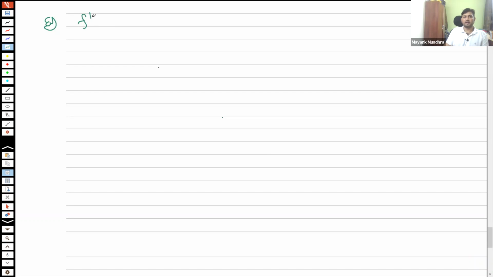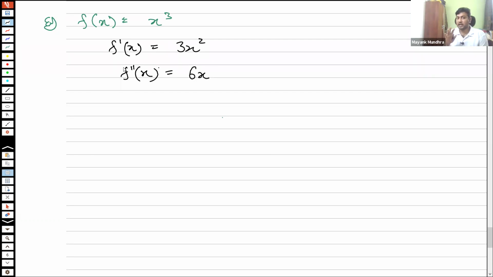Example 1, f of x equals x cubed. So f prime of x is 3x squared and f double prime of x is equal to 6x. All right. So I'm saying inflection point is where f double prime goes from positive to negative.